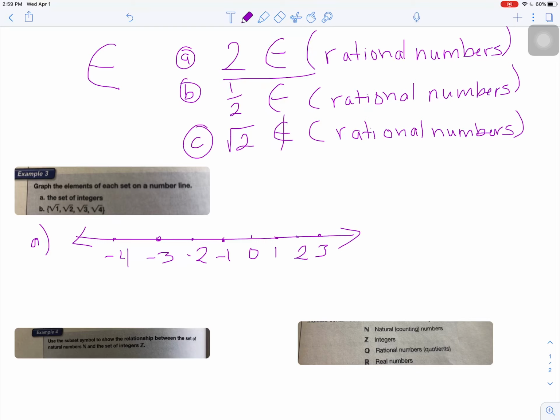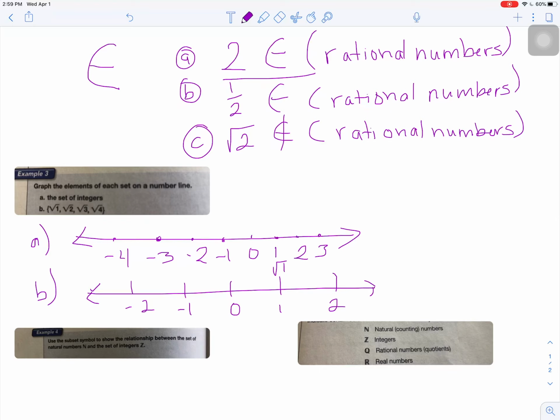Okay, and the next thing it says, show the square root of 1, square root of 2, square root of 3, and square root of 4. Again, you could do that on a number line as well. Remember, number lines have numbers, not square roots. So we have -2, we have -1, we have 0, we have 1, we have 2.